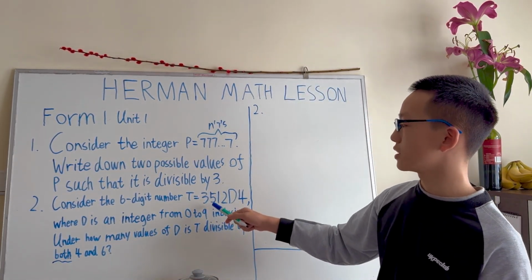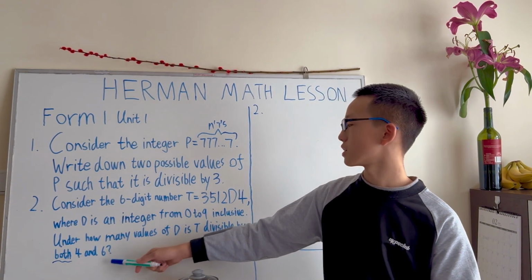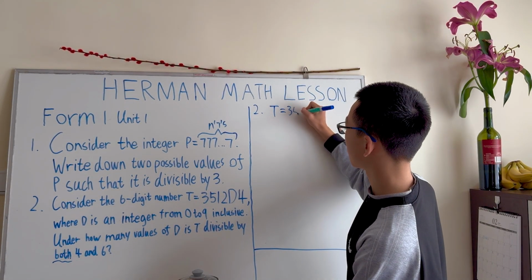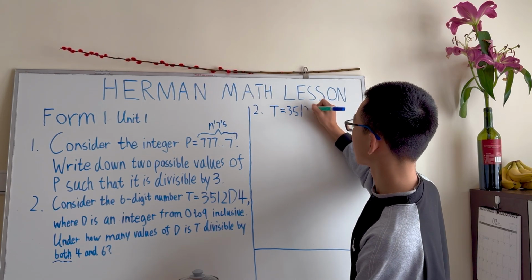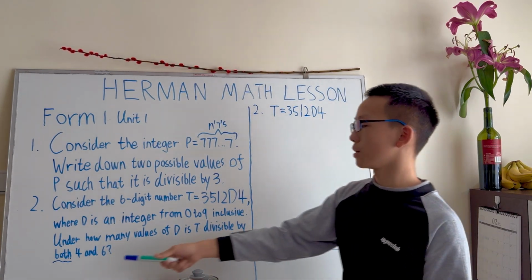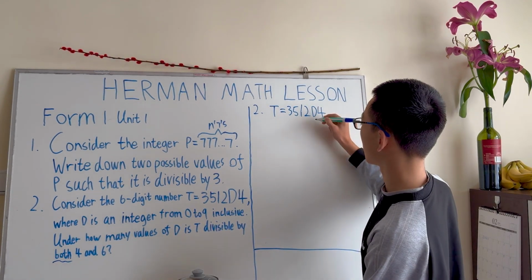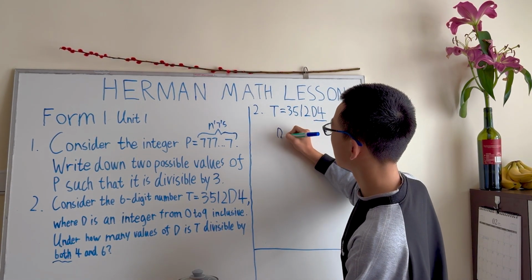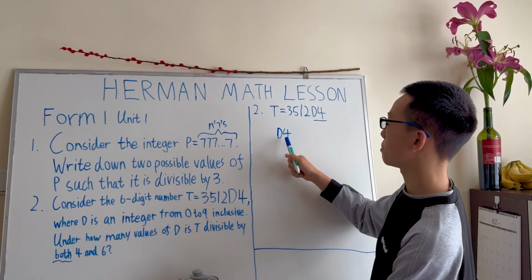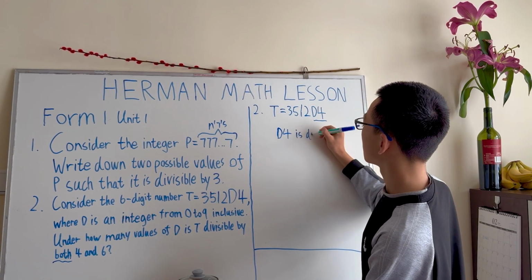So we need to look at the divisibility tests of 4 and 6. We know that t equals 3512d4. For the divisibility test of 4, we look at the last 2 digits, which are d4. This has to be divisible by 4.